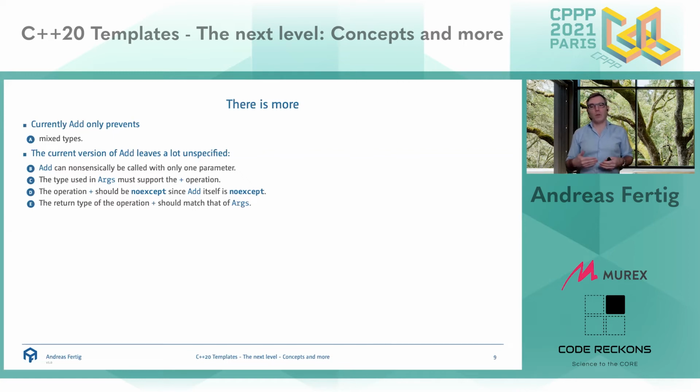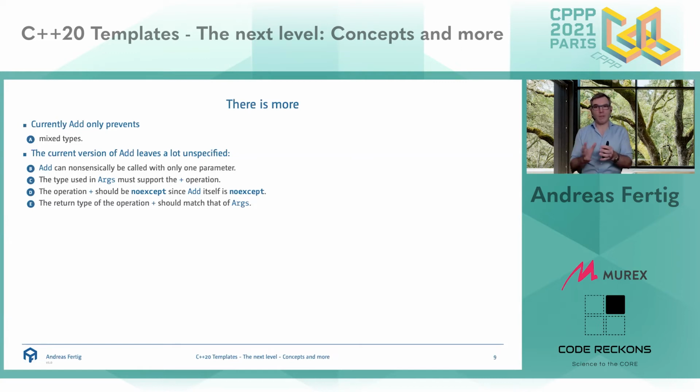But add has a lot more requirements. So let's say we have the requirement B, add can, without making much sense, be called with only one parameter. The name of the function is add. If I call it with one parameter, there's really nothing to do for this function. So it's a waste of CPU cycles. So let's prevent add being called with one parameter, okay?